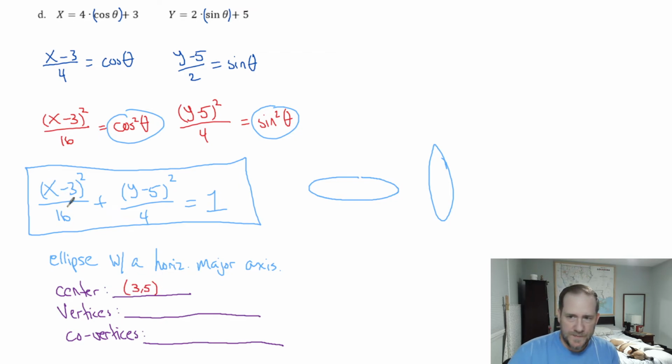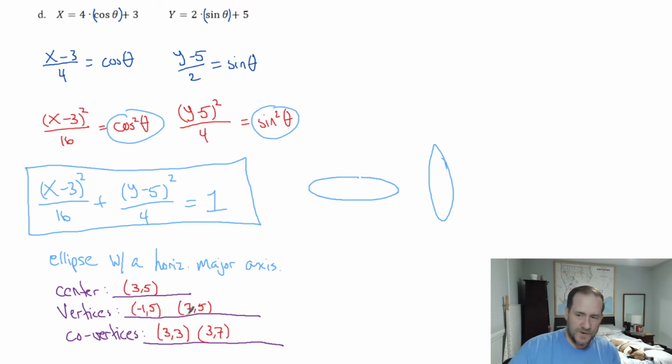And again, the denominator of the x term tells you how far to the left and right to go, and you want the square root of that number. So with an a value of 4, you're just going to go left by 4, so that'll drop you at -1, 5, and you go right by 4, that'll drop you at 7, 5. And the denominator of the y term tells you how far up and down to go, and it's the square root again, so b is 2. So I'm going up and down 2 from the 5, so you'll get 3, 3, and 3, 7.